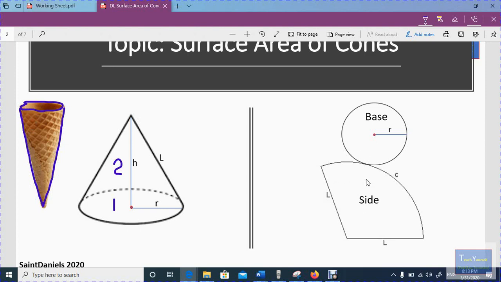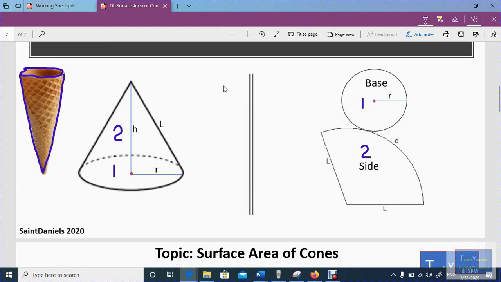So we have two surfaces, the circular part and the lateral part. For these two, let's take an illustration from a circle.